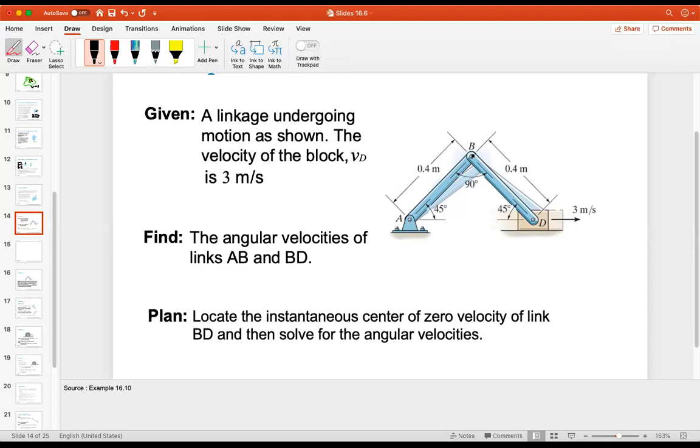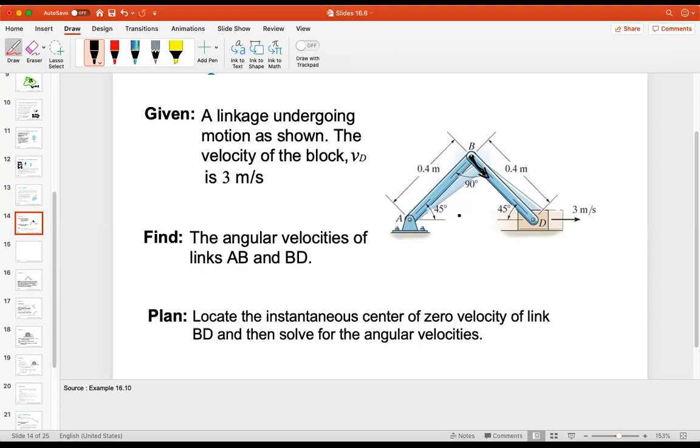So it has to move diagonally. And because this is a 45-45 right triangle, B's velocity is actually along the direction of link BD at this instant in time.